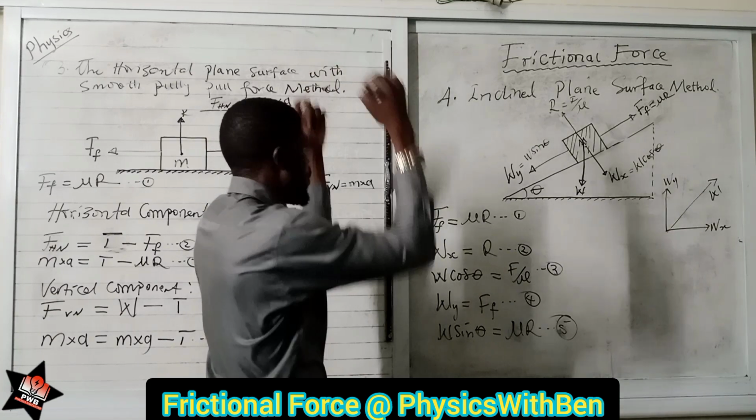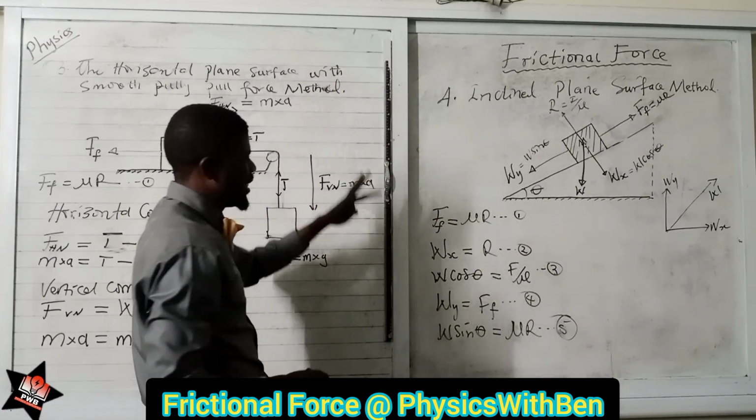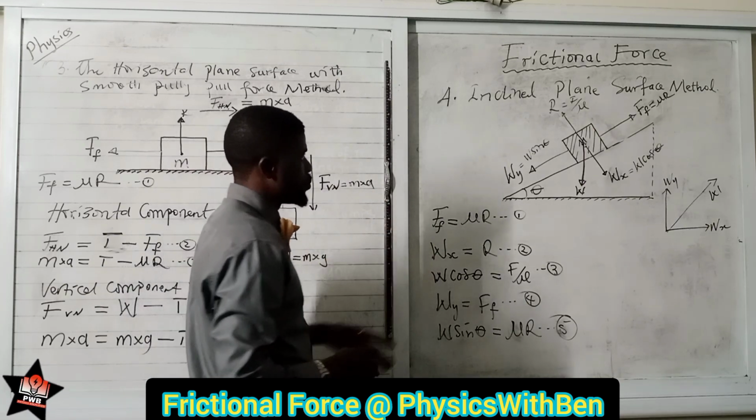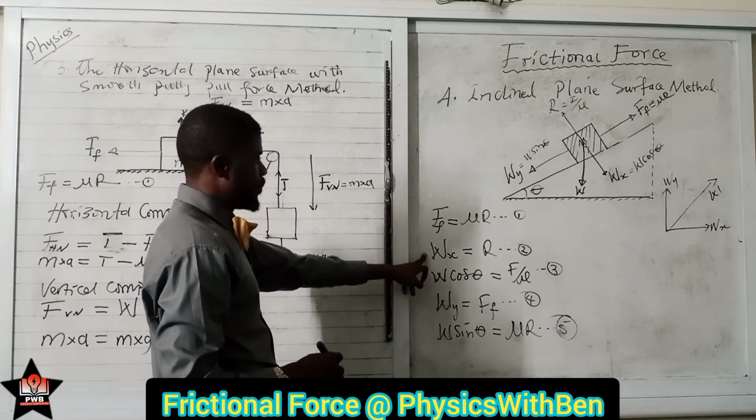If you continue to go on and on, you can generate more of the equations. These are the basic equations that can be used here. This is the horizontal component.